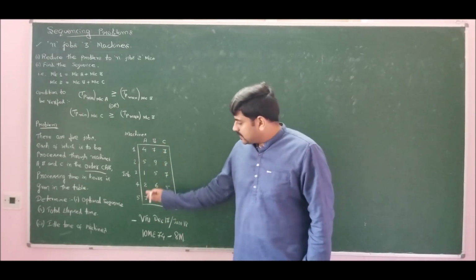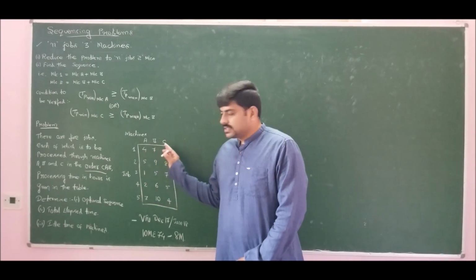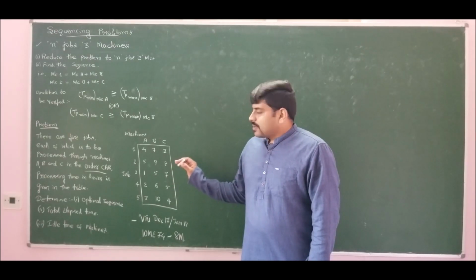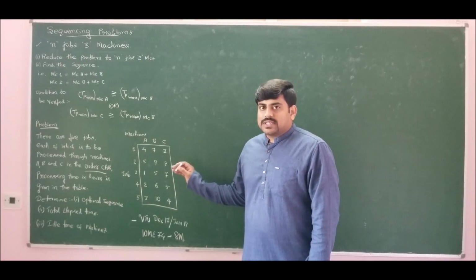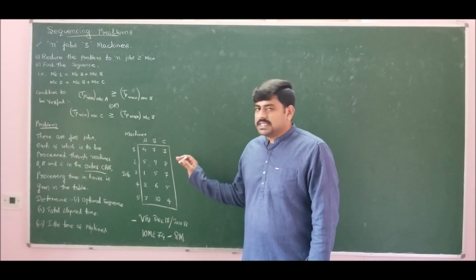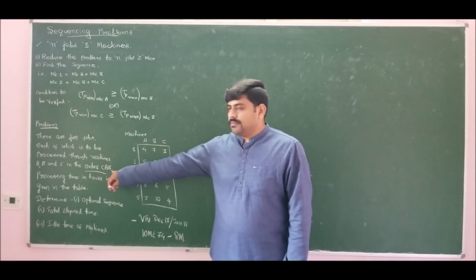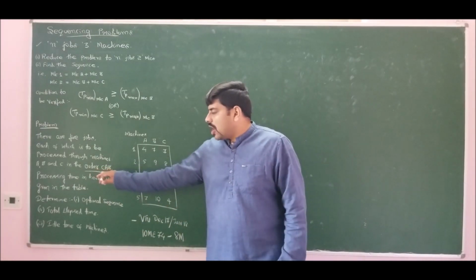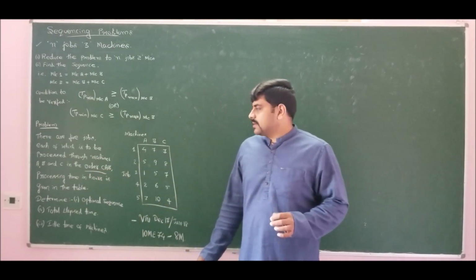So as given, we have 5 jobs and 3 machines. The processing is taking place in the order machine C, machine A and then machine B. In order to avoid confusion, let us rearrange according to the order in which it has to be processed.